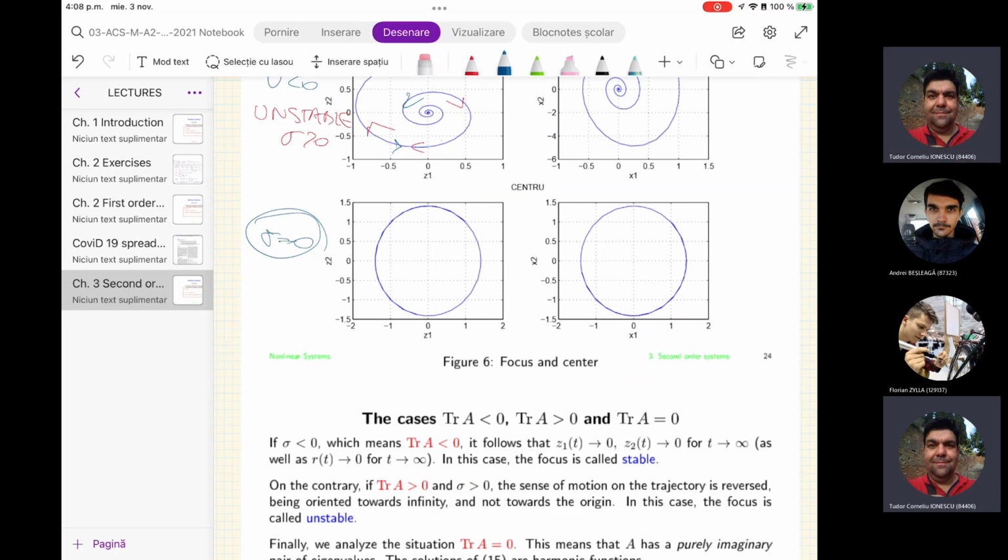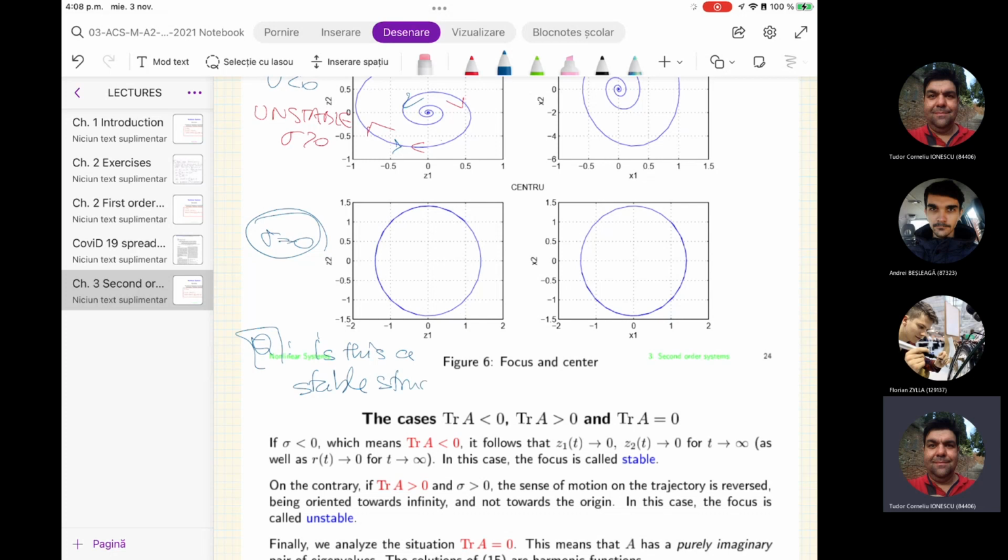The question is, from a physical, from an engineering point of view, is this a stable structure? Is this a stable structure? So do you keep this circle for a long time? Can you keep it?